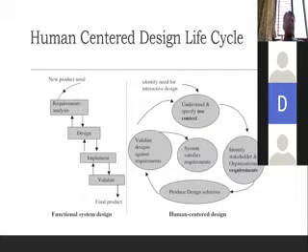Now we'll try to compare this human-centered design life cycle with the conventional design life cycle, or the functional system design. On the left side of this figure is the conventional design and the right side is the human-centered design. Now, the basic phases of development of user-centered interactive system design are similar to those used in the conventional functional system design.